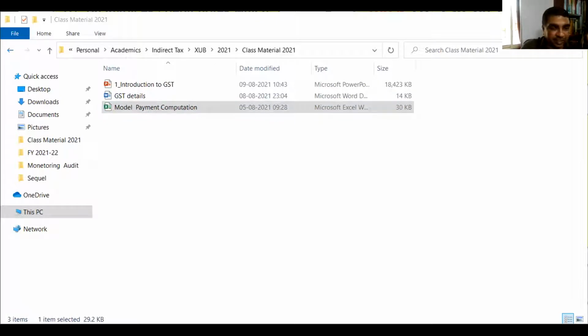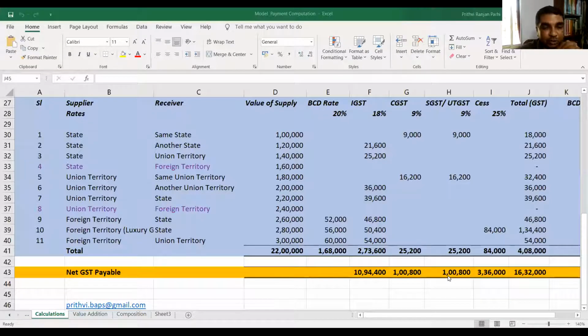Are you able to see an Excel file? No, sir. Okay. Are you able to see it now?